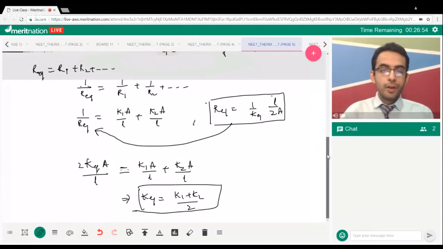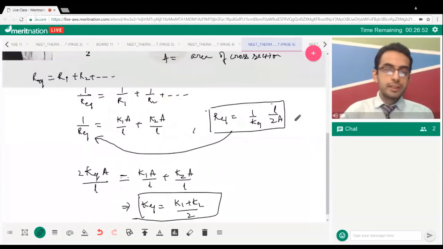Yeah. So students, in general, you can remember one formula.